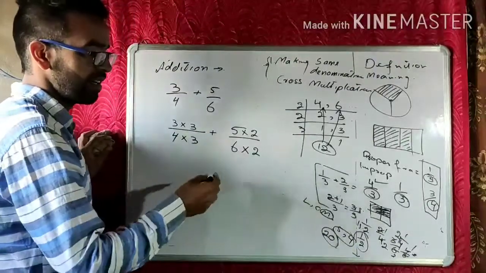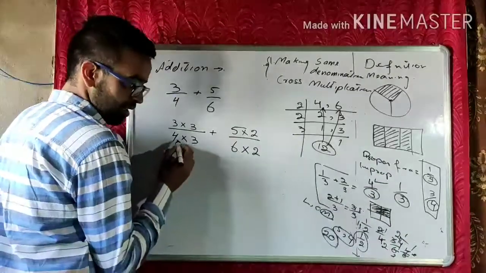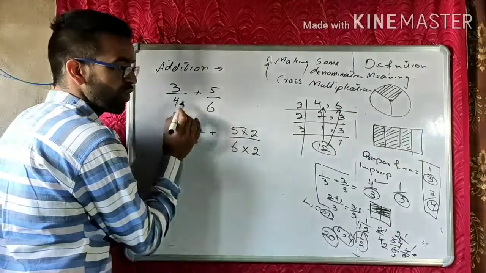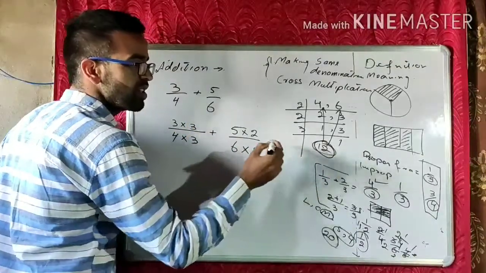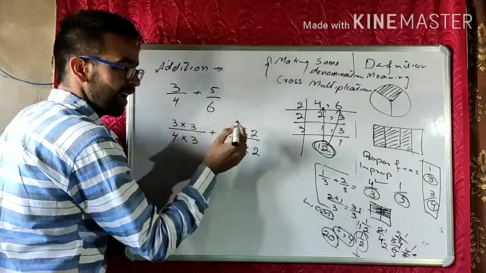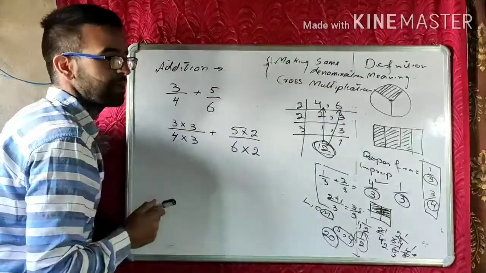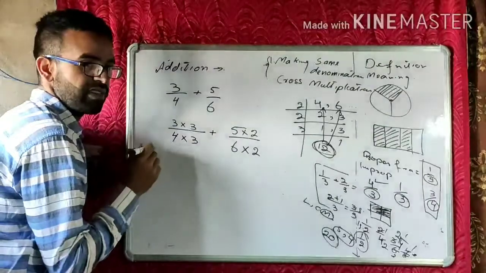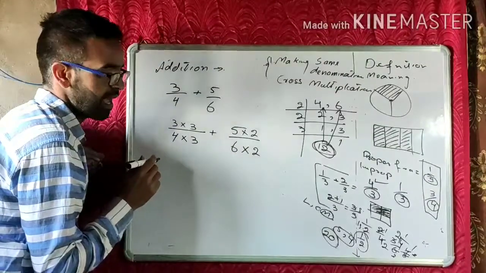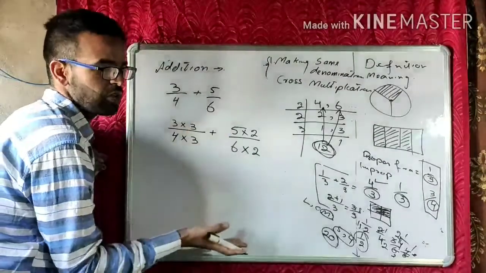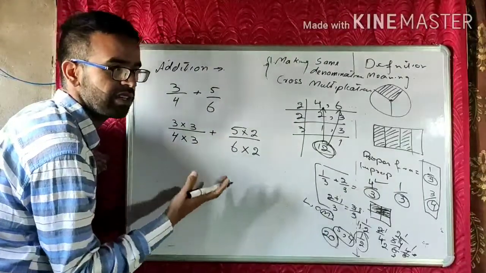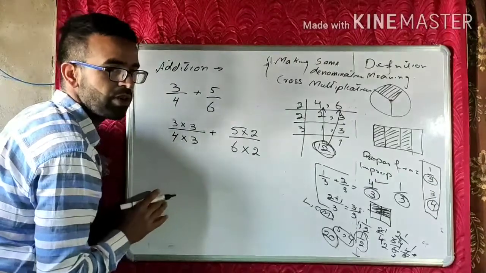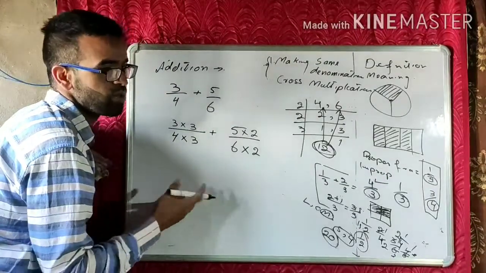An unlike fraction cannot be added without the same denominator, so we make the denominators the same and then add them.